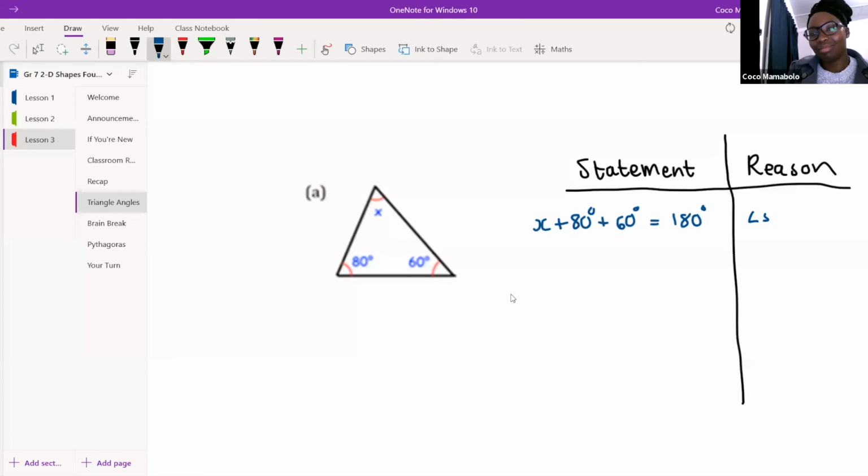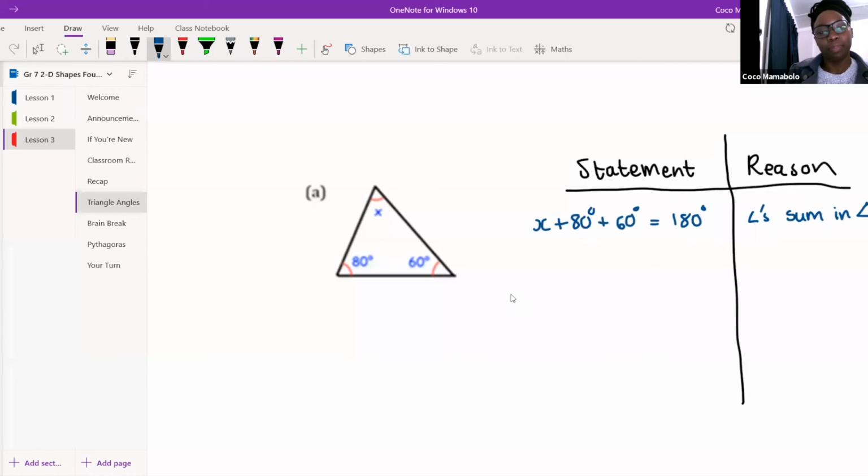Angles of a triangle equal to 180 degrees. I'm putting that in words. Good. Whichever way you write it, that's fine. I like to write angle sum and I draw a triangle because I'm lazy. But whatever way you write it, as long as you say that angles inside a triangle equal 180 degrees, that's correct.